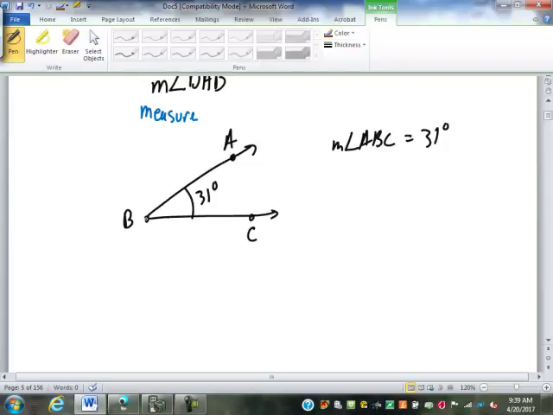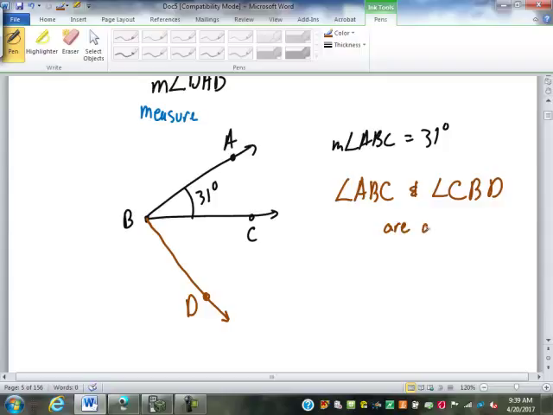Now I'm going to go back to that vertex, that point B again, and I'm going to create a third ray like this. Angle ABC and angle CBD, I'm going to put point D over here, are what we call adjacent.